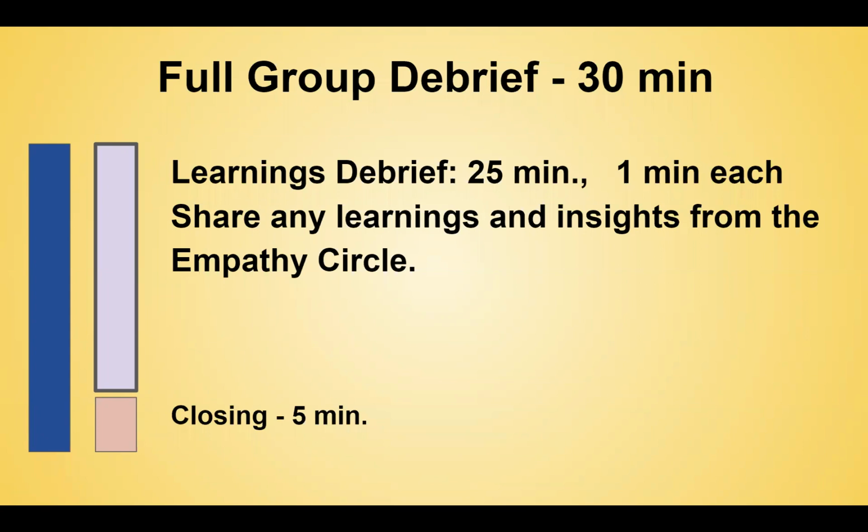So for about 20 minutes, everyone shares any learnings or insights that you have from the empathy circle that we just did. And then, depending on time, we might have some additional Q&A or discussion for about 25 minutes. And then we just go into the closing.